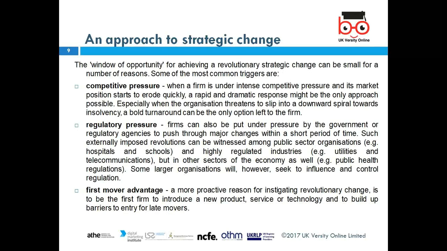Okay, then the next thing we're looking at is first mover advantage. If we have a change, we are innovative, like if we are offering digital accounting services, online booking, a refund facility, or tracking facilities. This is the first time, maybe others are not doing it.